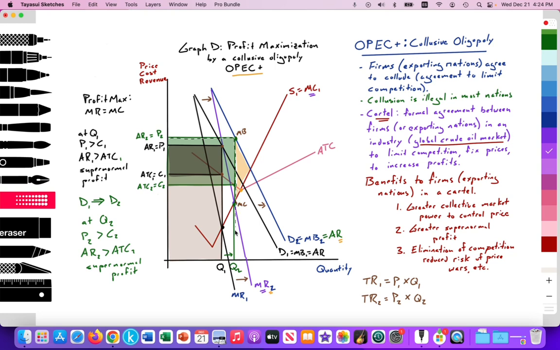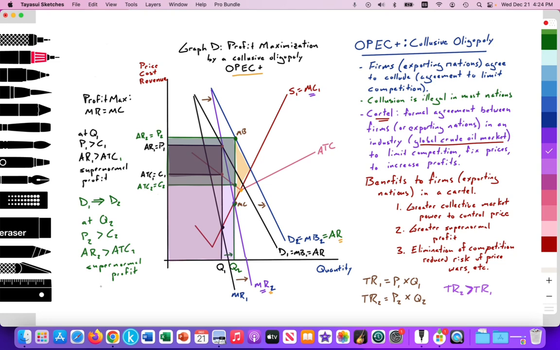So yes, total revenue has increased as a result of that increase in demand. All right, so there we see it. So we can see that total revenue 2 is greater than total revenue 1. So this collusive oligopoly is going to generate more total revenue as a result of the increase in demand and the increase in the price.